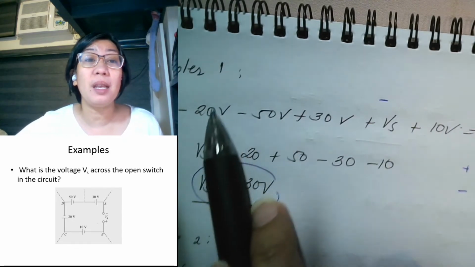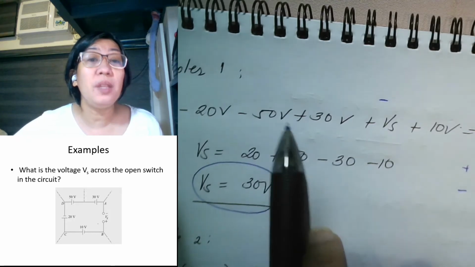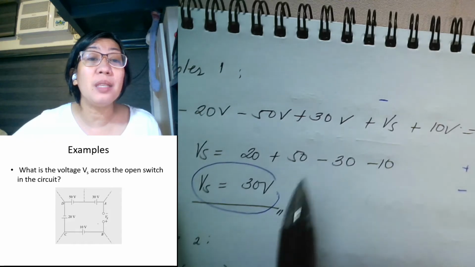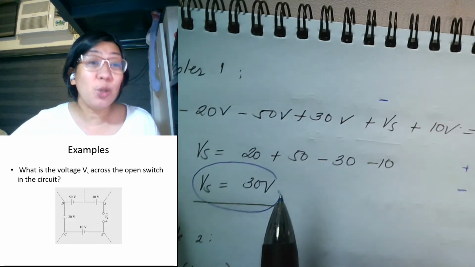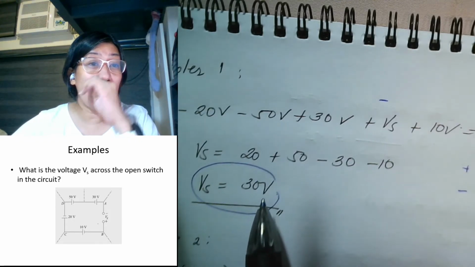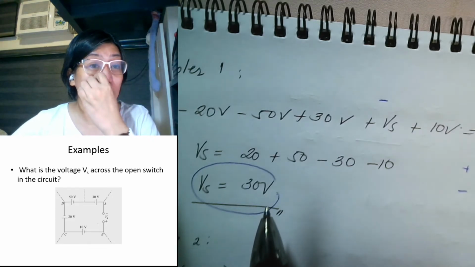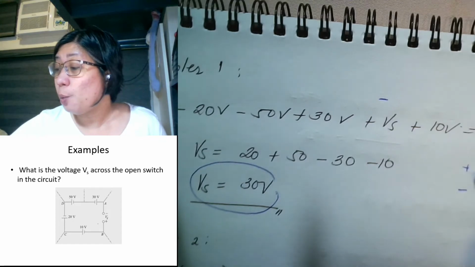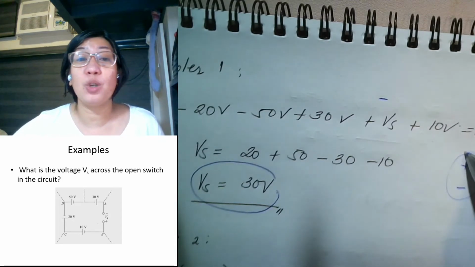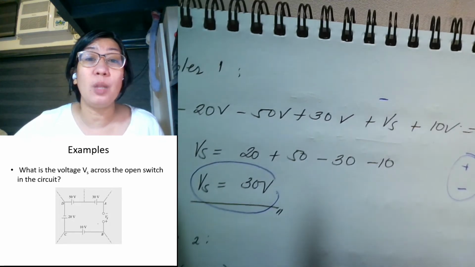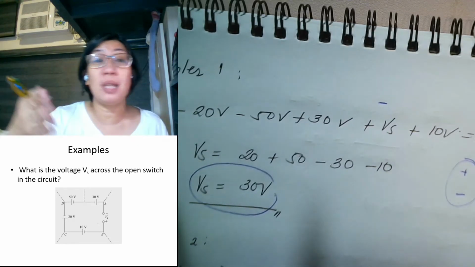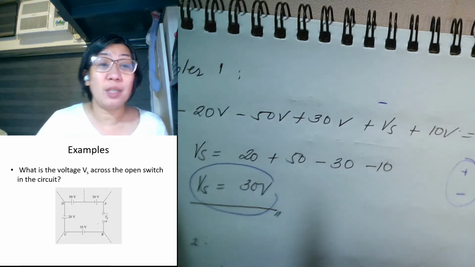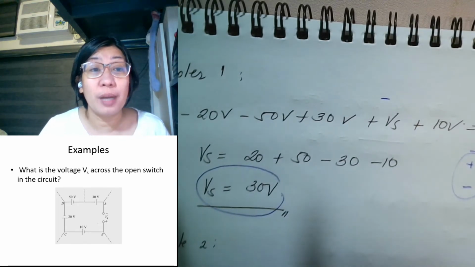It will become negative 20, minus 50, plus 30, plus 10. So what we'll have there is negative 30. The negative 30 will signify that the assumed direction is wrong, so we will change the direction. Instead of plus minus, it will become minus plus, which is the original assumed direction. So this direction is correct.